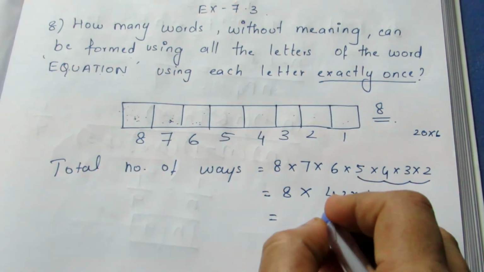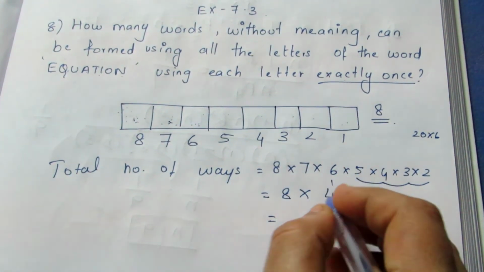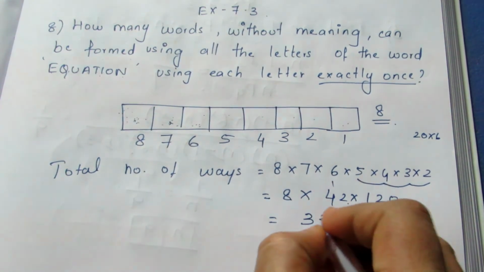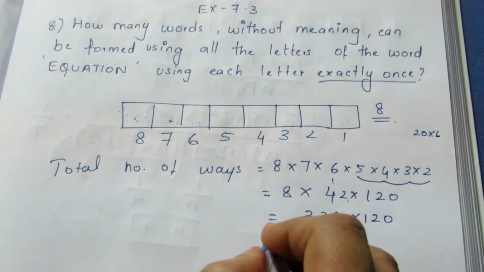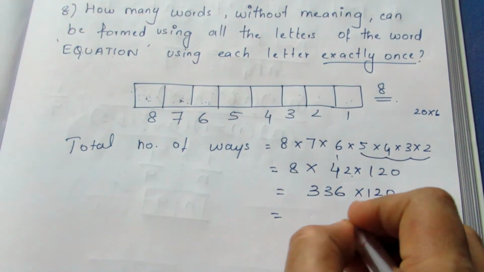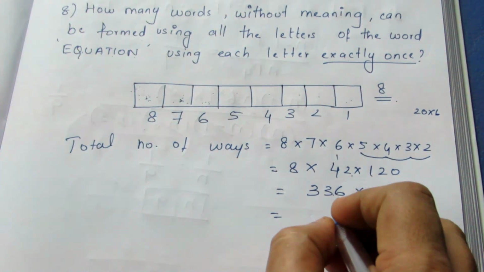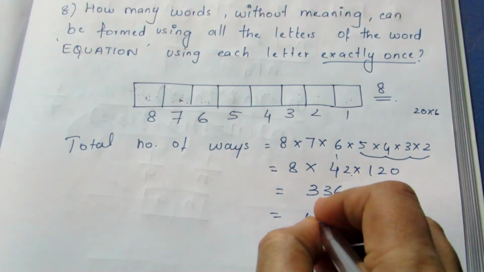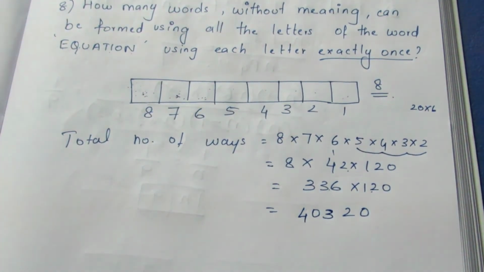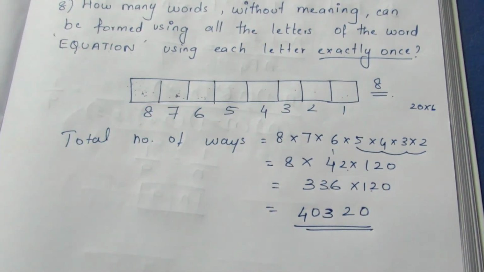Now multiply this by 2. It is 40320. So the total number of ways to arrange EQUATION is 40320. Now we'll move on to the second method.